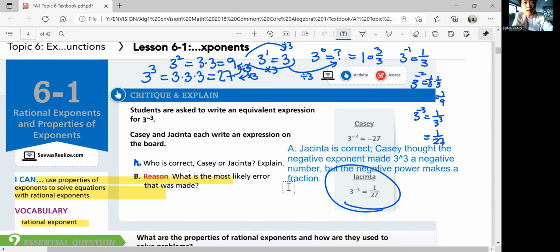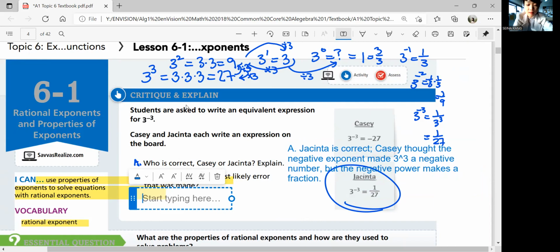Part B: what is the most likely error that was made? The exponent -3 means your base is not negative, but 1 is divided by the base 3 times. Since the base is positive, the base is 3, your base is still going to be positive. Whatever the base is, it keeps its sign, but the negative power will divide your base instead of multiplying it.